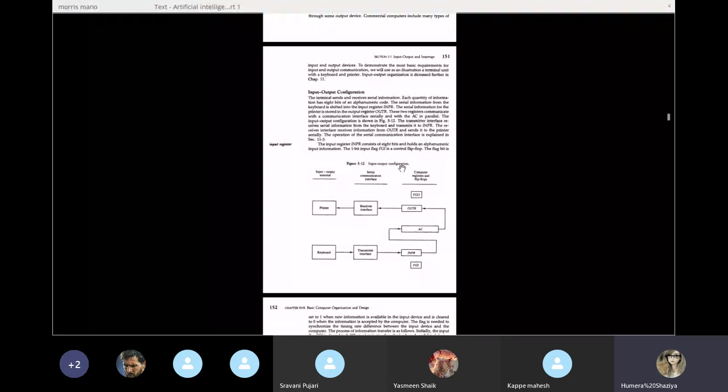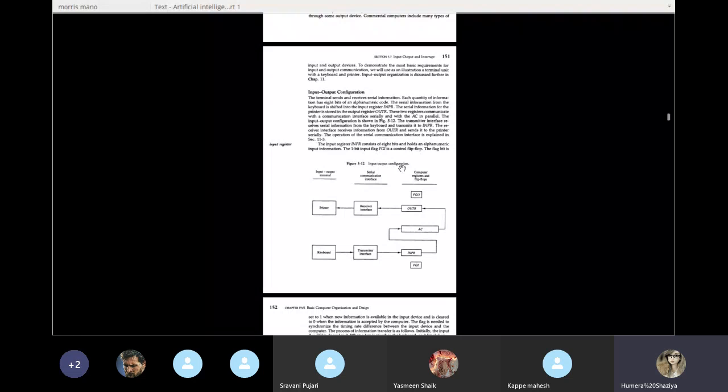INPR means input register, and OUTR means output register.